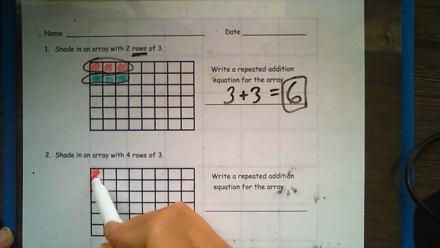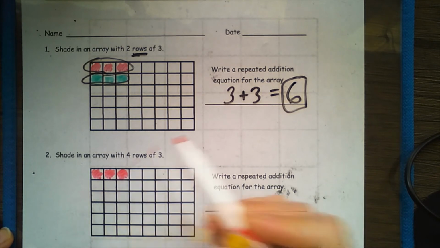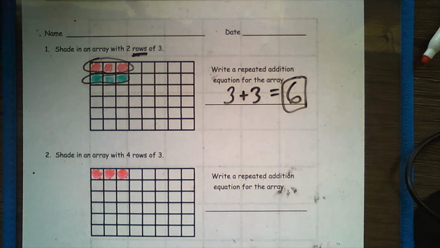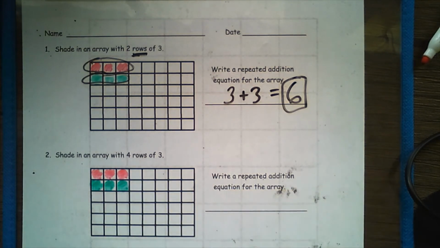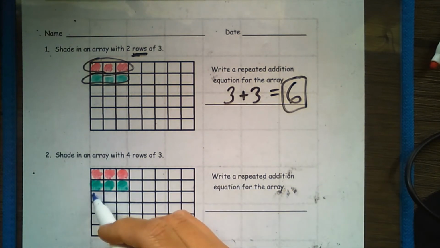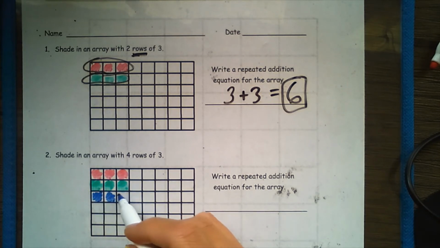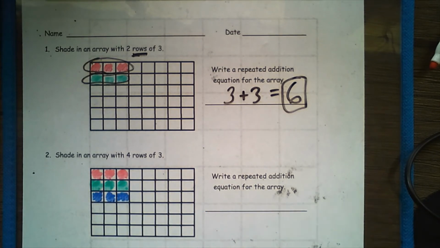So I have 1 row, I have 2 rows, I have 3 rows, and then I have my last row. Just like that. Now, the next part tells us to write a repeated addition equation for the array.